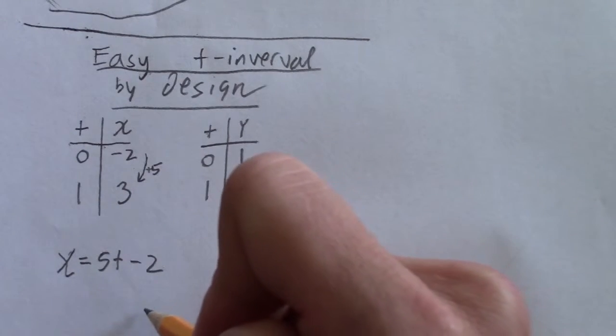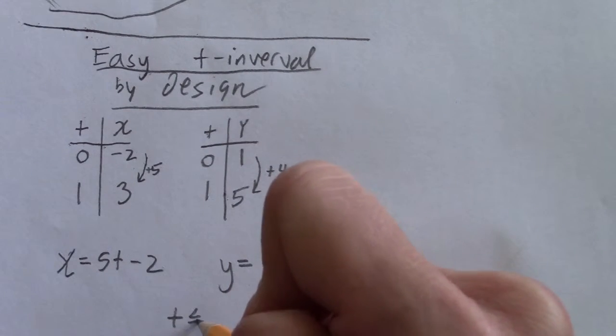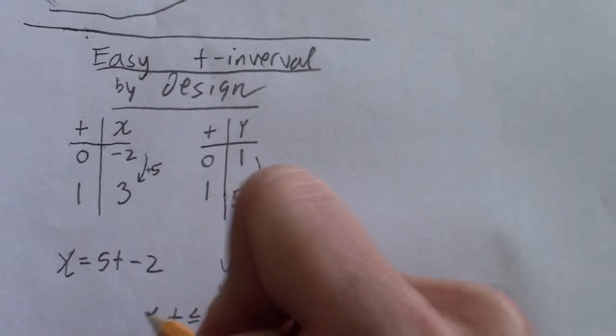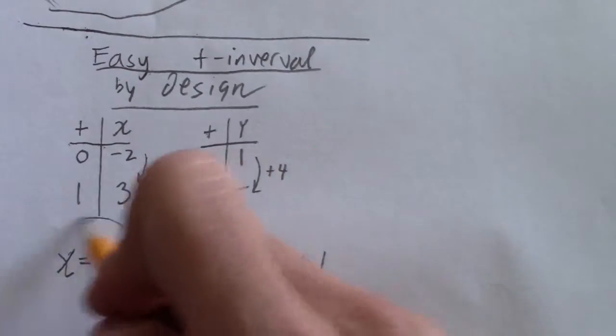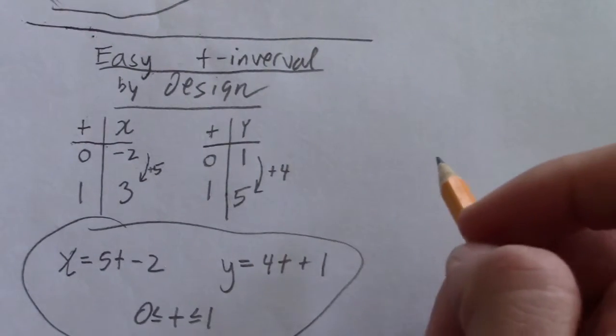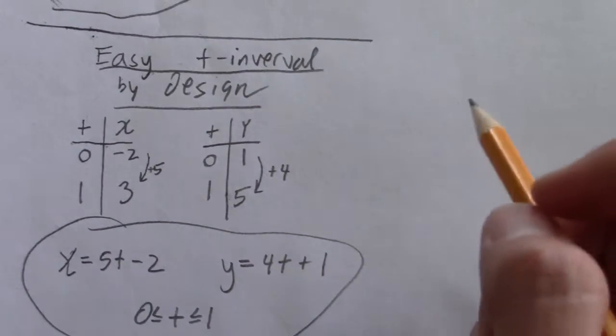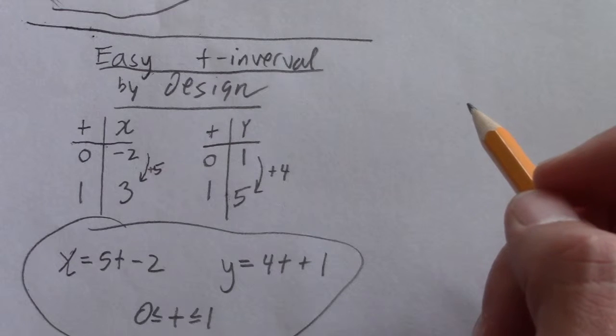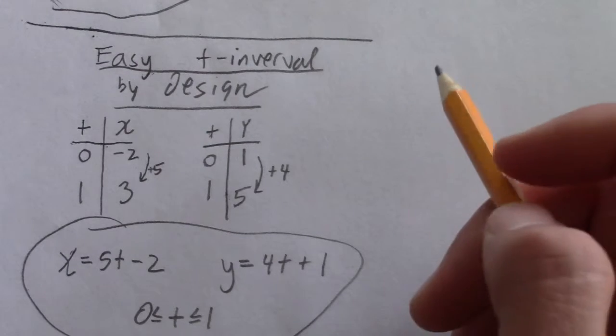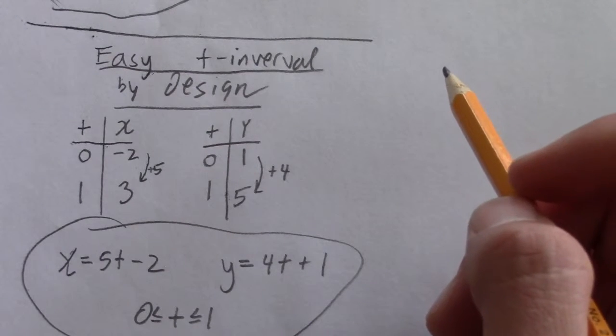And then my t-interval, by design, is going from 0 to 1. And if we plug that into our calculator, we'll see we get those endpoints right there. So, two ways to do this: domain restriction and easy t-interval by design.